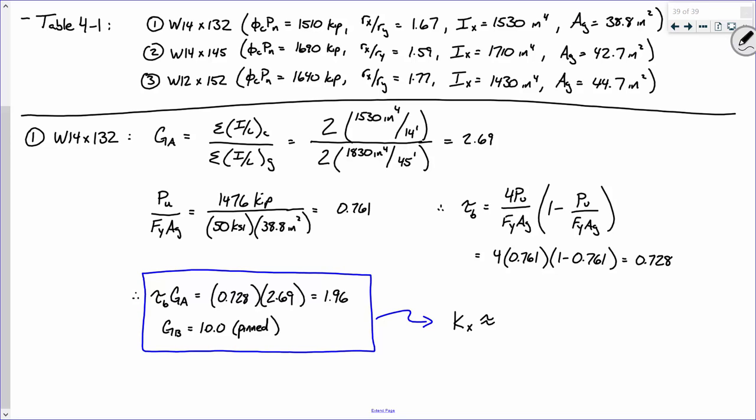So what do we got for K values? Anybody got something? 2.1? See, I got a little bit high. I got 2.15. Yeah, well, 2.14. Now, here's the thing.